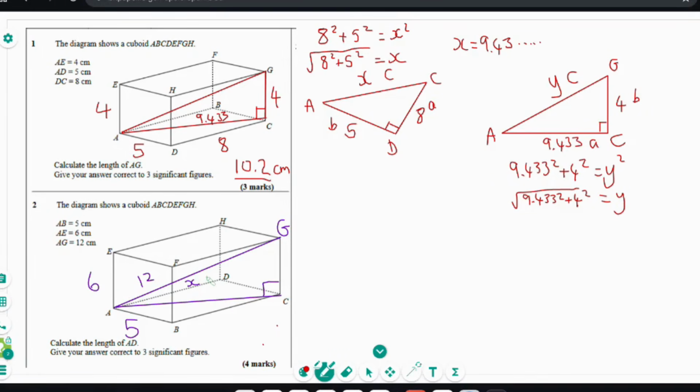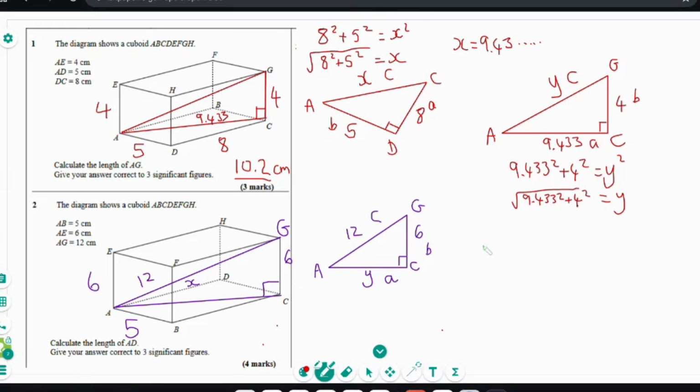Our triangle that has the AG 12 on it is AGCA. That's our right angle triangle. And we know GC is 6. So if you can see, we have 12, 6, and we'll call this Y. This time we have the hypotenuse.